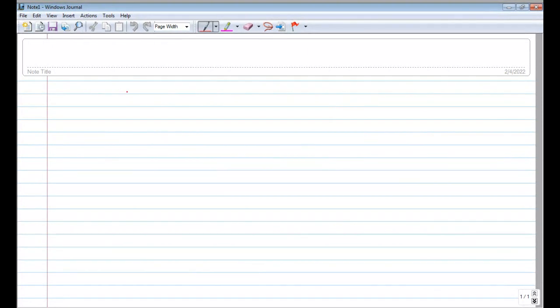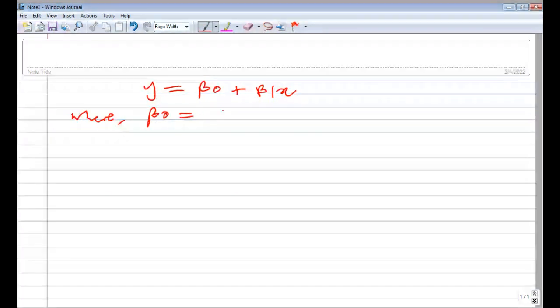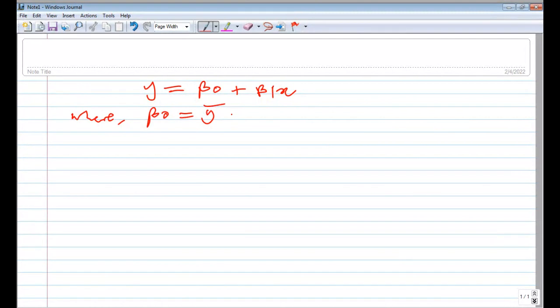Remember, I told you that regression line is defined by y equal to beta 0 plus beta 1 x, where beta 0 is given by y bar minus beta 1 x bar, which is equivalent to summation of y over n minus beta 1 summation of x over n.